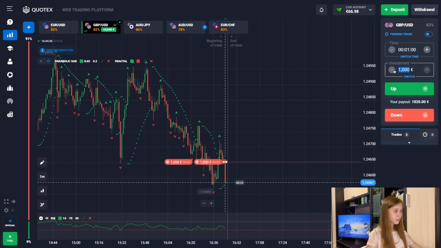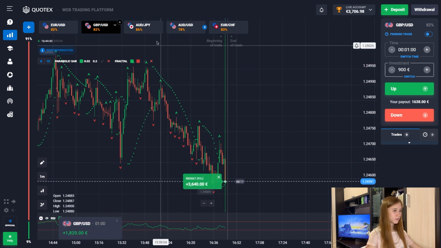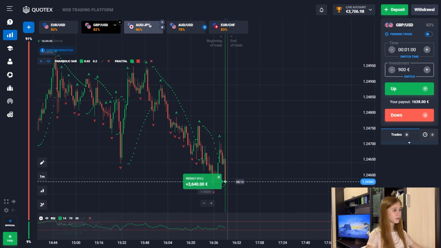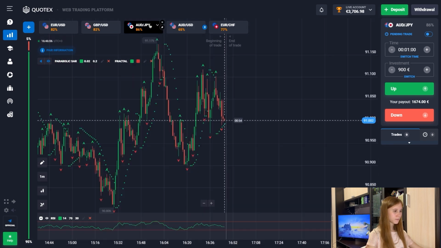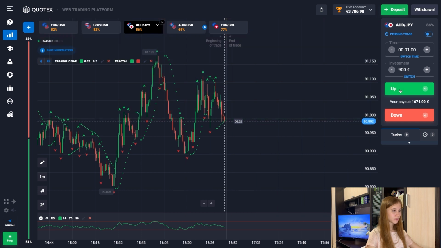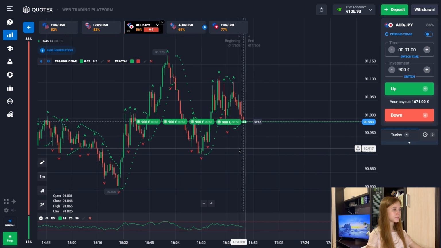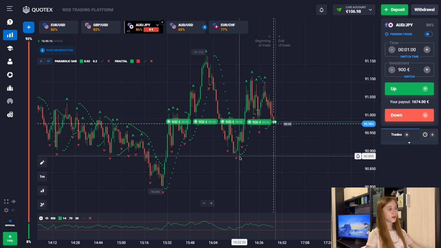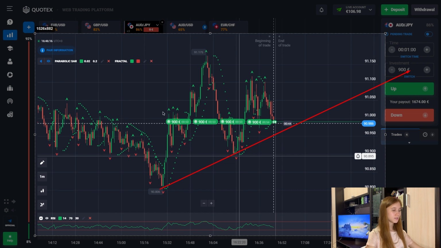So perfect. We said 900 euros, and we will open 4 deals at once. So 4 deals were opened for an increase. A rather risky deal, it turns out. I will explain why. We see that here is the price that dominates.